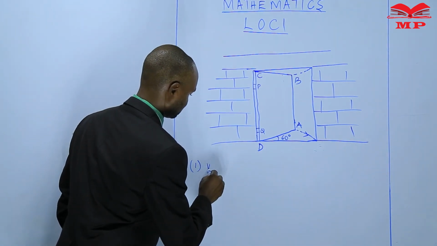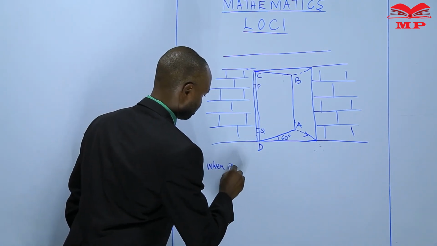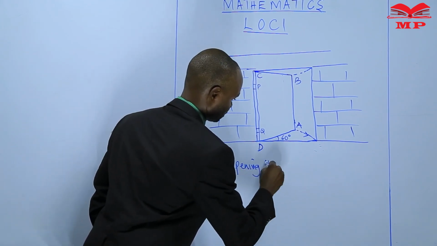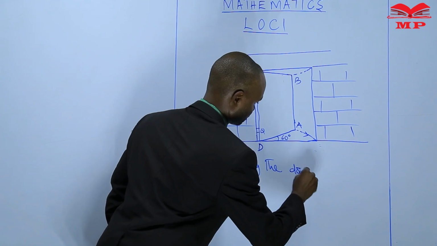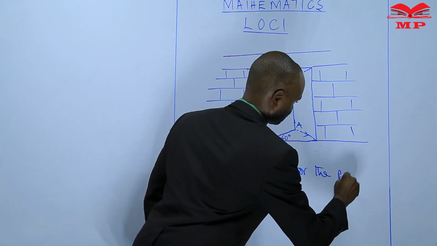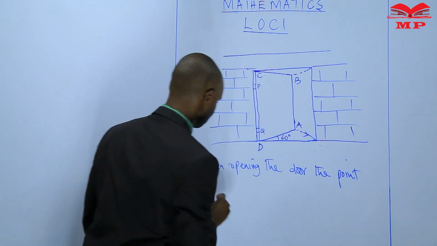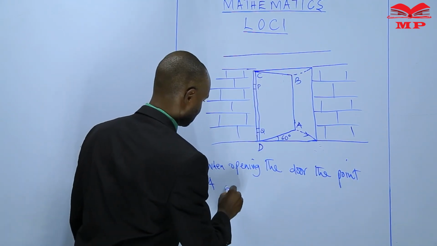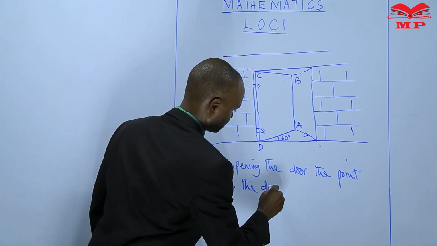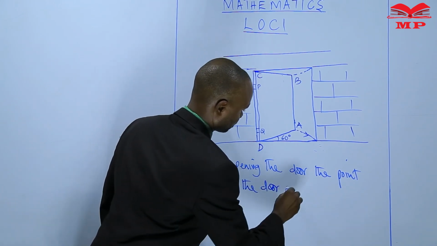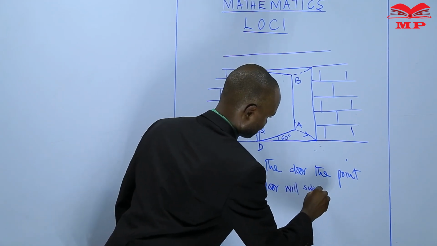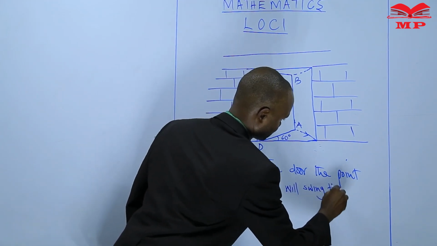So you can come to 1 and say, when opening the door, the point A on the door will swing through an arc.